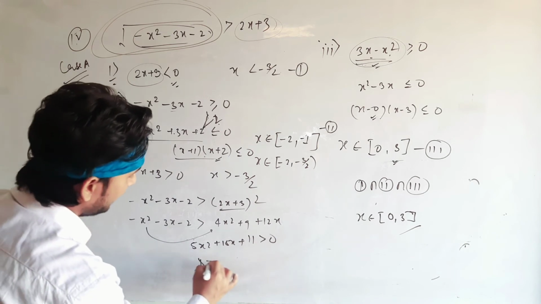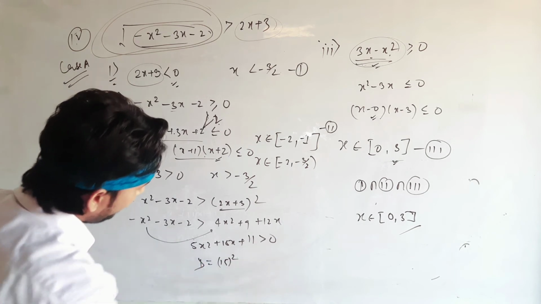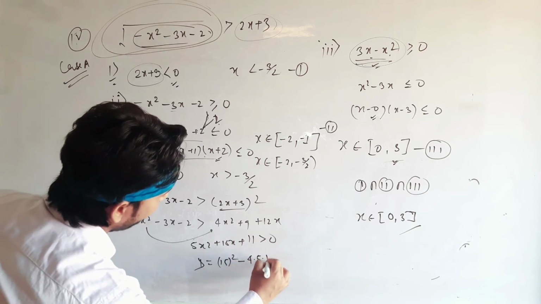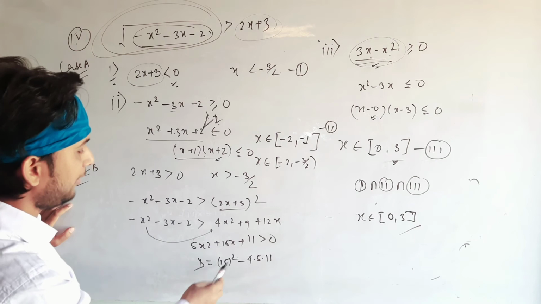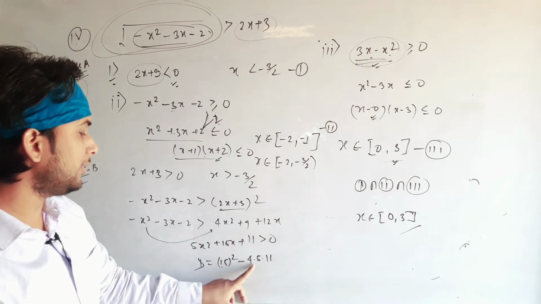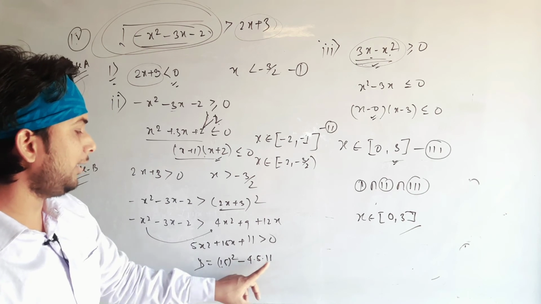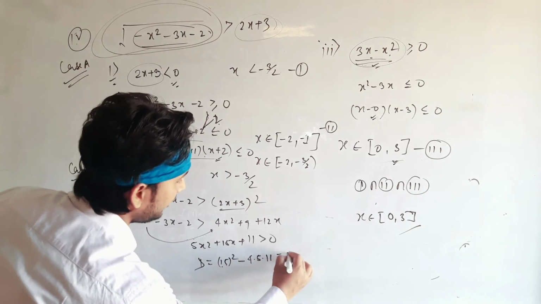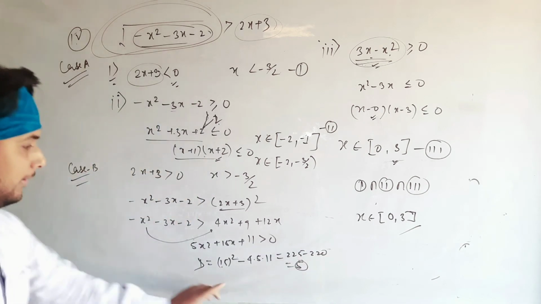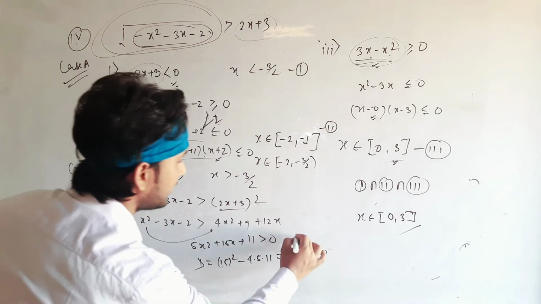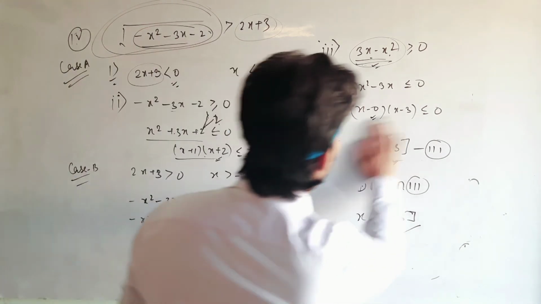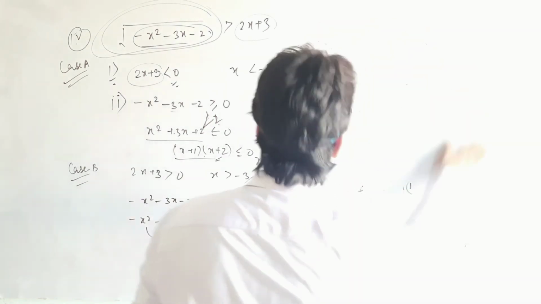What will be the discriminant? 15 whole square minus 4 into 5 into 11. 15 whole square is 225, and 4 fives are 20, into 11 is 220. 225 minus 220 is equal to 5. It means the discriminant is greater than 0. Then we have to solve the inequality.